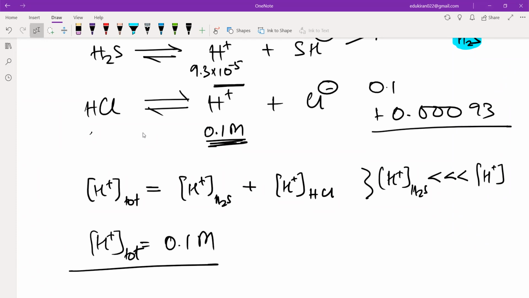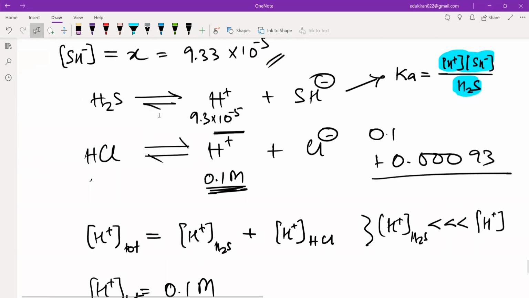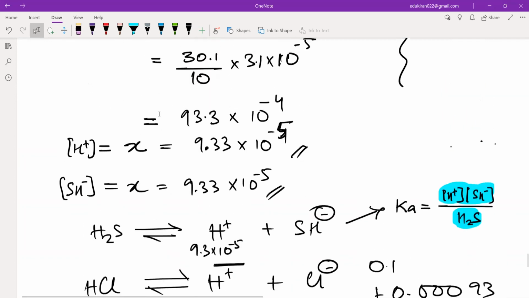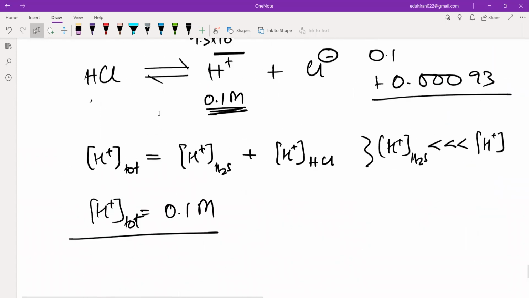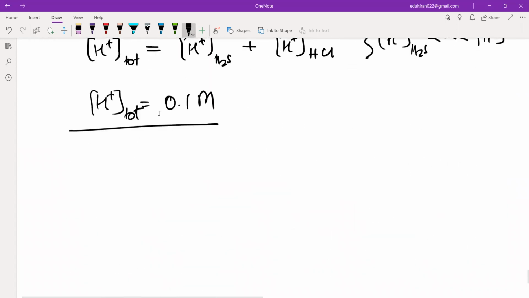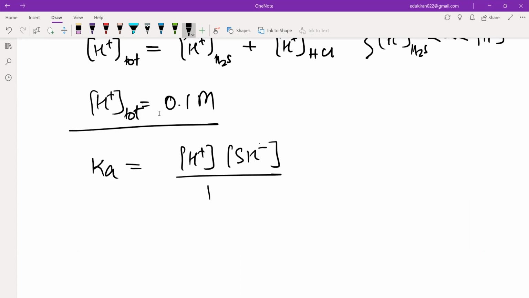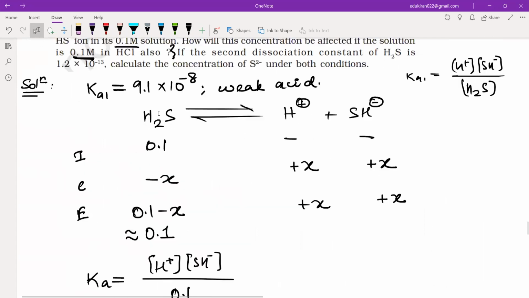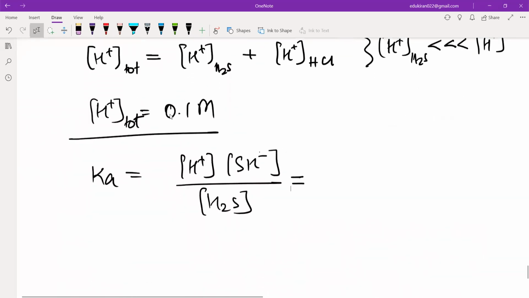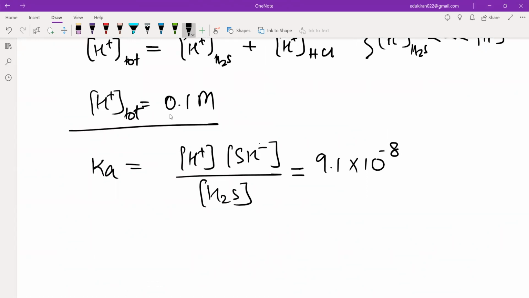Any problem till here? No problem, right? Okay. Now, let us also see what will be the concentration of H2S. They have given the concentration of H2S. We have the H plus concentration, so I will write Ka equal to the concentration of H plus into the concentration of SH negative, divided by H2S, and they have given this as 9.1 into 10 to the power minus 8.